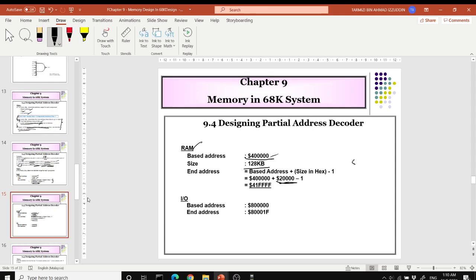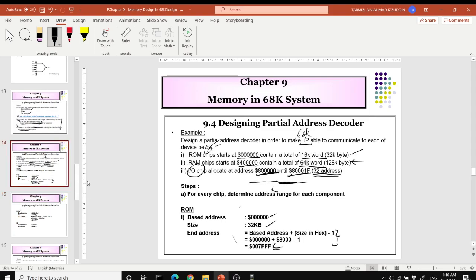Do your calculation in your calculator, and then minus 1, and you will get the end address 41FFFF. The I/O is the same thing. It's already given: your I/O is allocated at the address 800000 to 80001F.